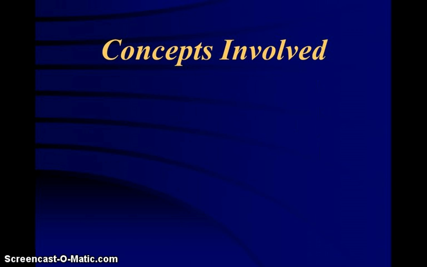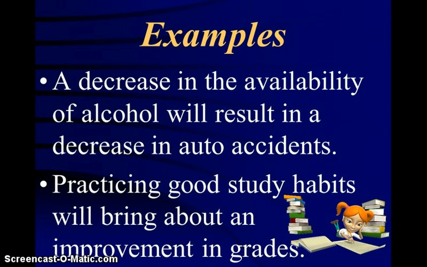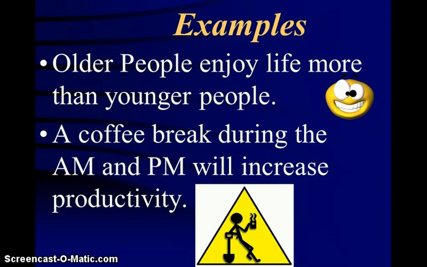When we try and figure out independent and dependent variables, okay, let's go back and look at our different hypotheses. First one, older people enjoy life more than younger people. Well, let's fill in the blank. We are studying the effect of blank upon blank. If you look at that, older people enjoy life more than younger people. What's the main concept that you're looking at? What's the main thing? Age.